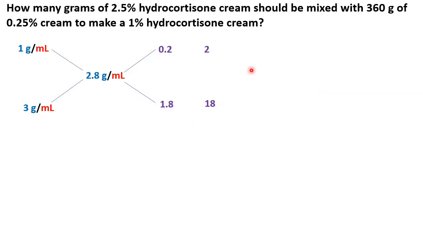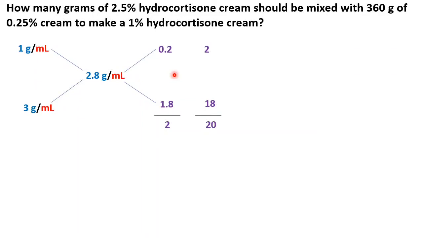It's the same; we just multiplied by 10. So we can mix 2 milliliters with 18 milliliters, so the total is 20 parts.